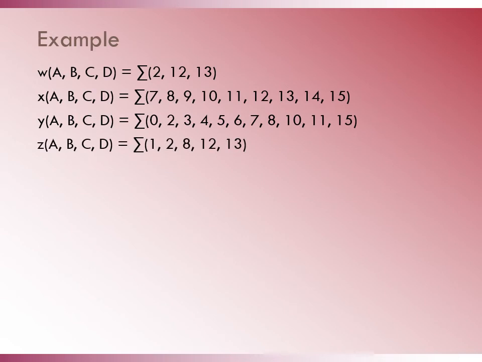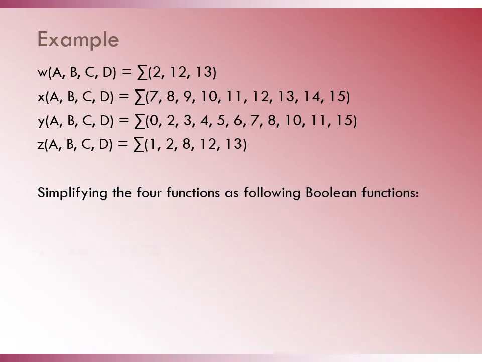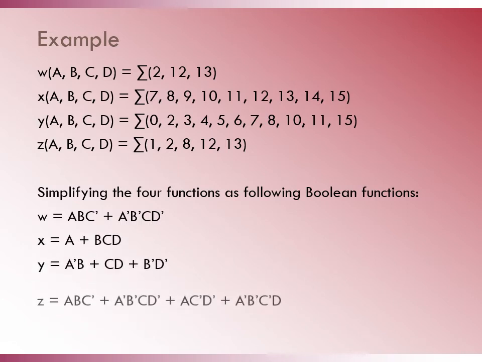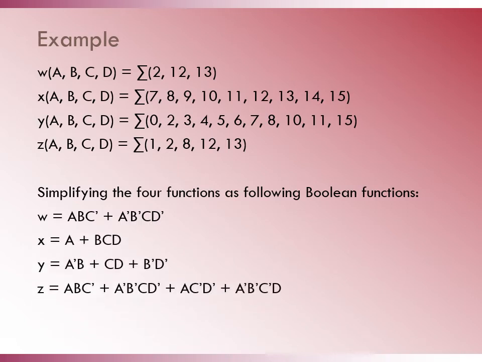Now to implement this, we have to convert the minterm expression into Boolean algebraic form. For that, we take the help of either Boolean algebra or K-maps and get the equations for W, X, Y and Z in the following manner. Now what we observe is the equations for W, X and Y have either two product terms or three product terms, but the equation for Z has 4 product terms, which is against the input given in the problem statement.